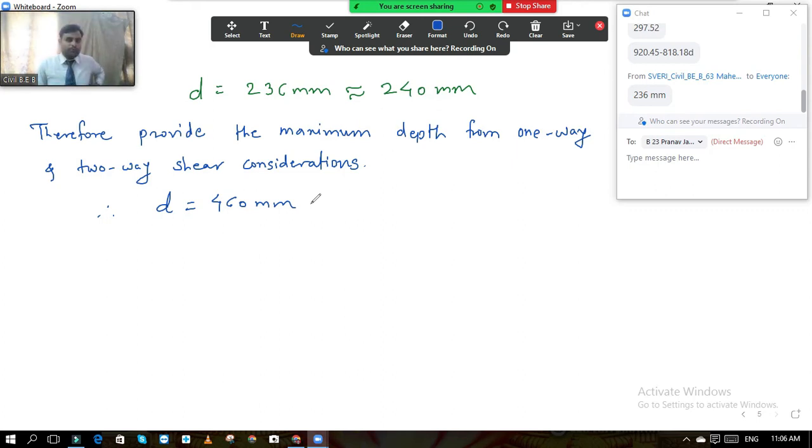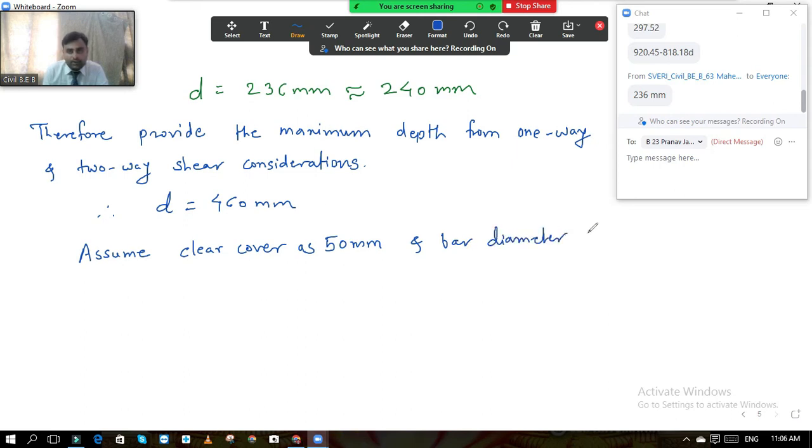So assume clear cover equal to 50 mm and bar diameter 20 mm.